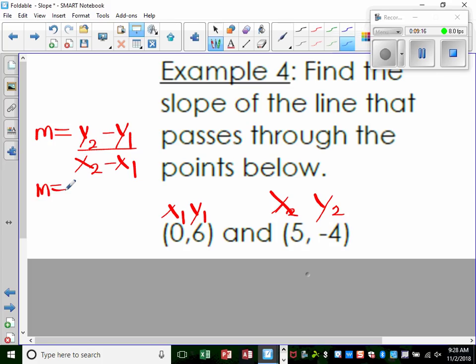So my y2 is -4. My y1 is -6. My x sub 2 is 5, and my x sub 1 is 0. So -4 minus 6 is -10, divided by 5, and I'm going to reduce that to -2.